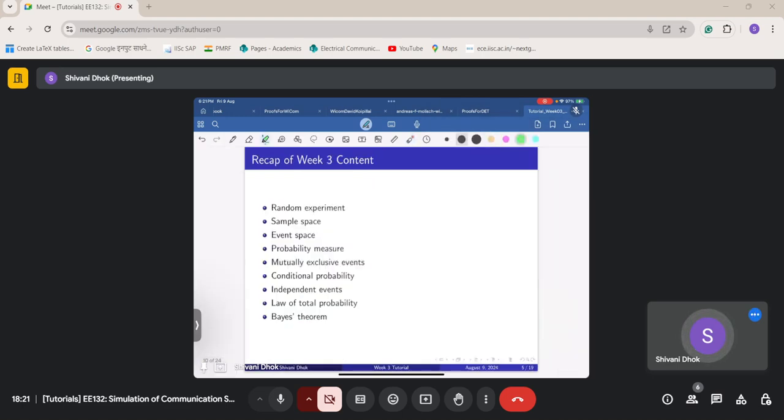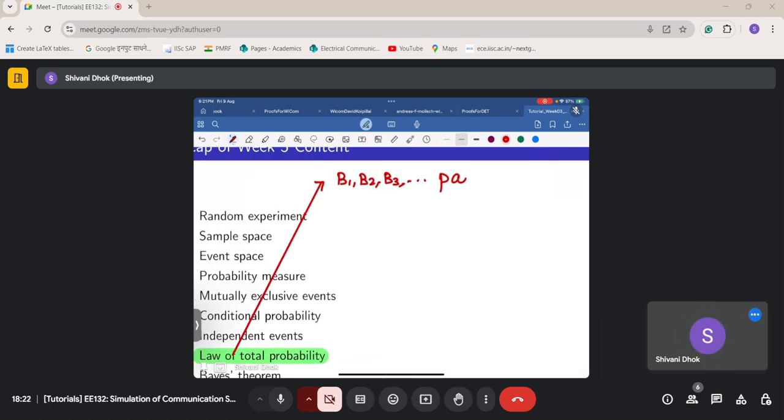Next, we have another concept, that is the law of total probability. So what it says is, if B1, B2, B3 and so on partition the sample space, what do we mean by partition?